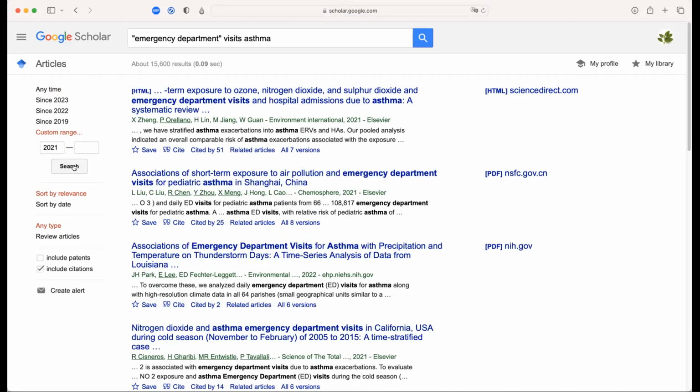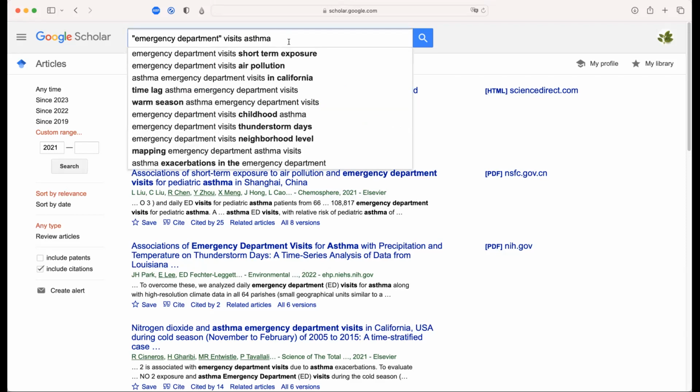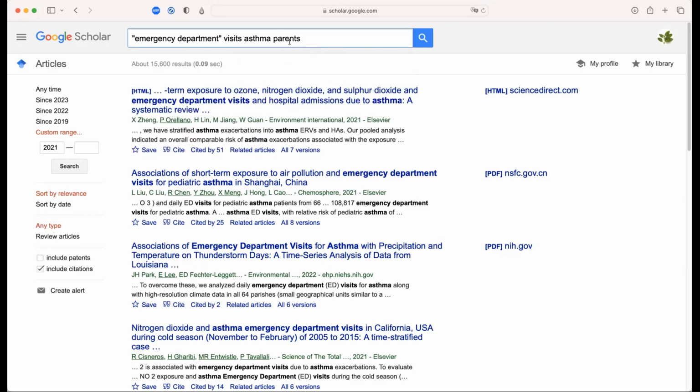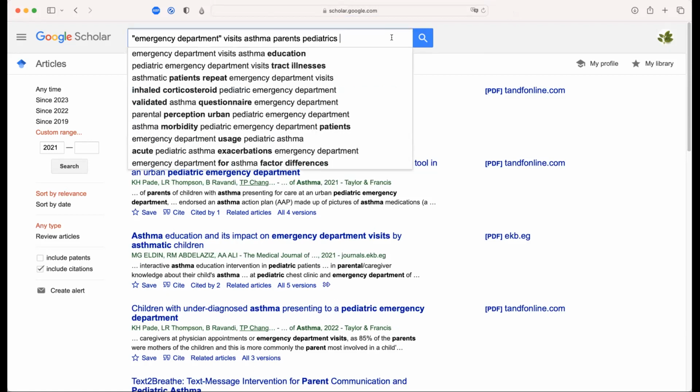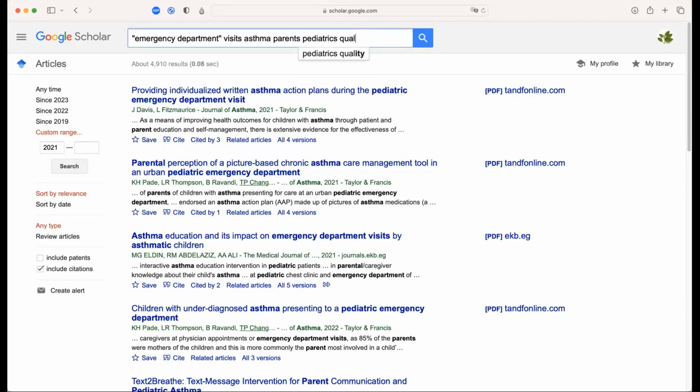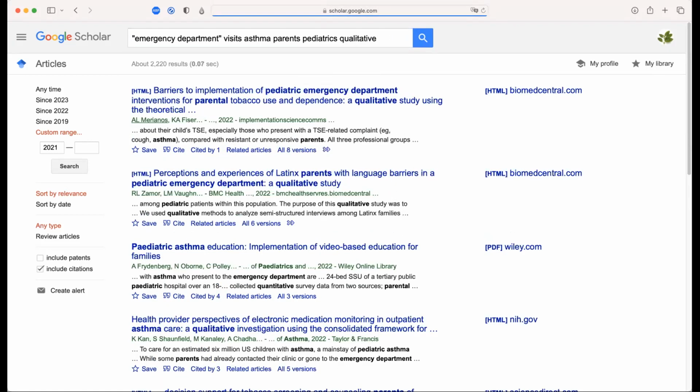It's not a shortage here. So let's go take a look at parents, pediatrics, and we'll even do a search for qualitative. Still have more than 2,000.